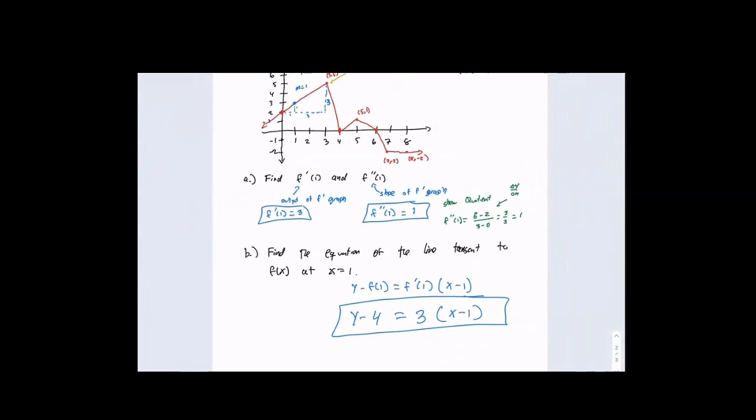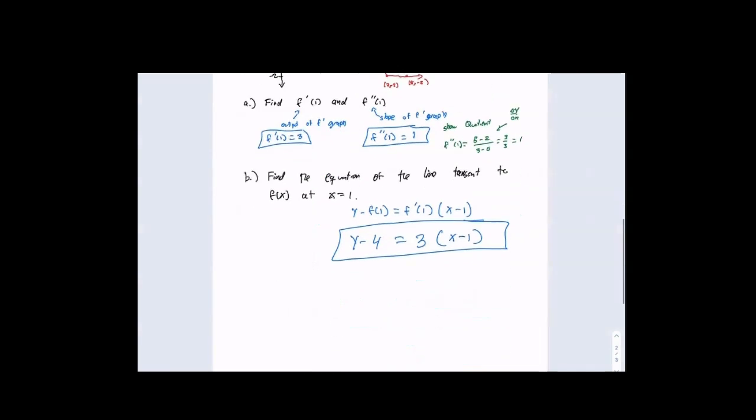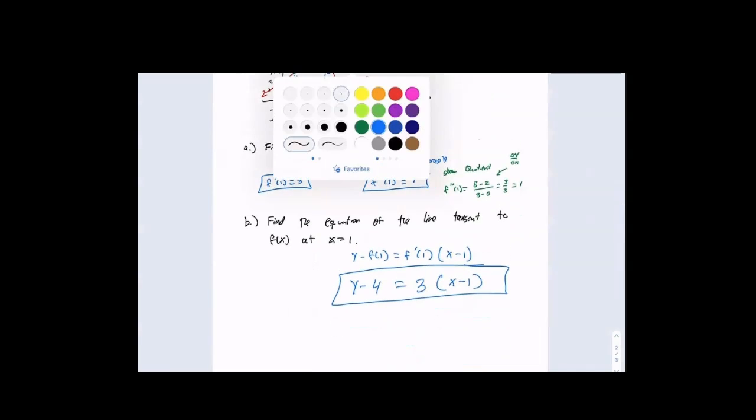You needed to know what the output value for the function f was at x equals 1. Without that, you could not have found the equation of the tangent line. We'll get into linear approximation a little bit later on. I don't want to cover it right now, so we're going to move to your more common question.